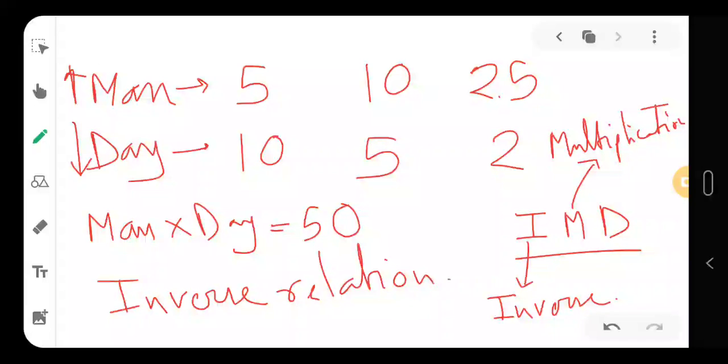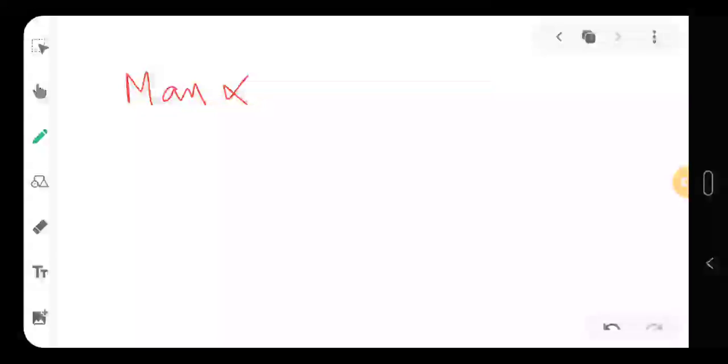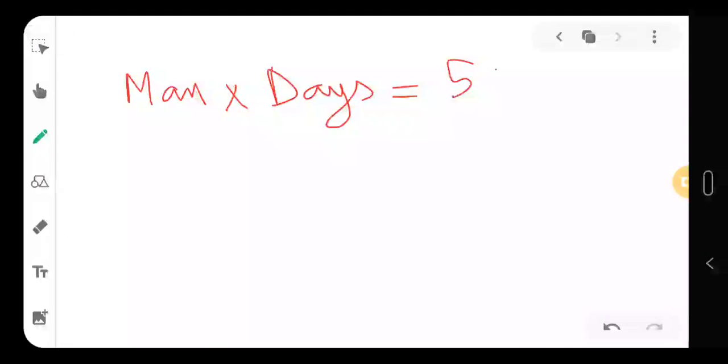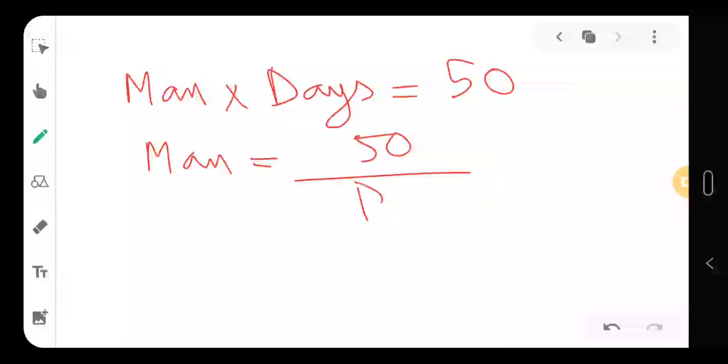So from this I can write that men into days is 50, right? So I can write that men is equal to 50 divided by days.